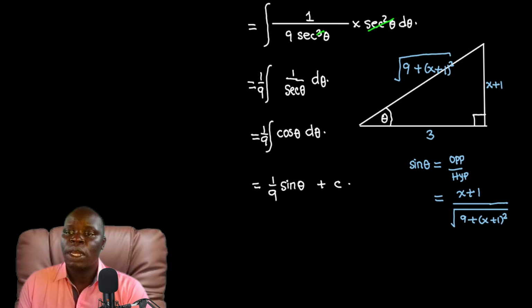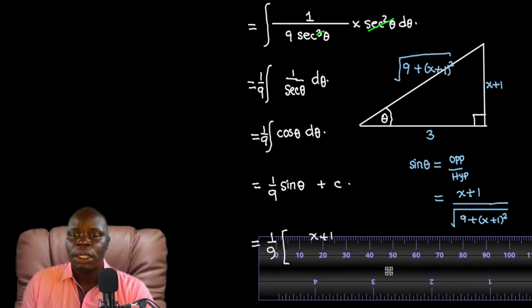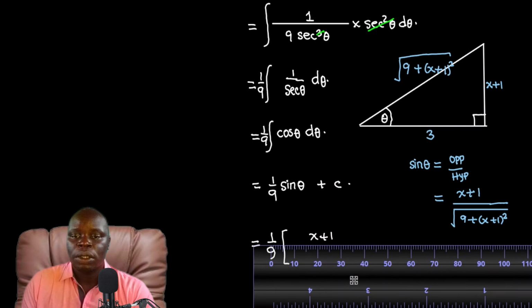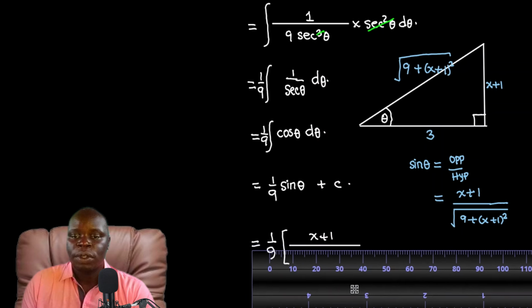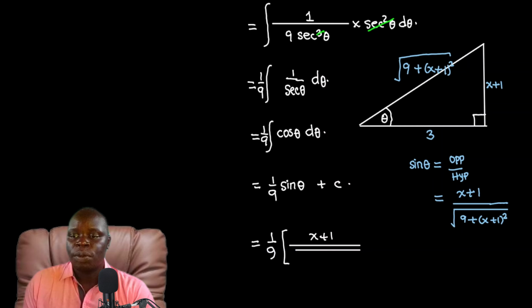So we can go on and substitute to our final answer here, and we have 9 multiplies this figure here. Maybe I can put it in a bracket like that. So we have our x plus 1 divided by, push a little bit up here, and the root of, and let's provide enough space.